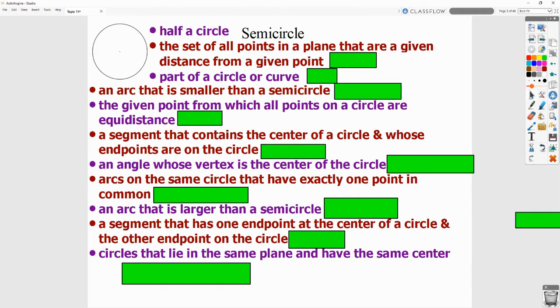The set of all points in a plane that are a given distance from a given point. When you look at all the points in a plane that are a given distance away from a certain particular point, that's what a circle is. You could identify a circle when you see a picture of one, or an example of something circular in real life, but you need to think about what that circle actually is.